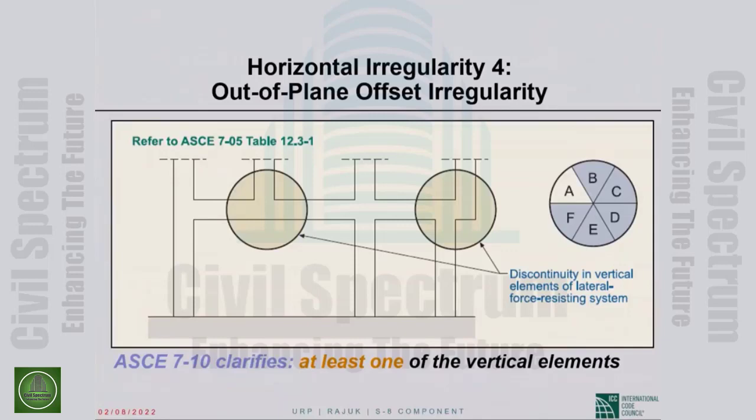Next, type 4 is out of plane offset irregularity. And I think the pictures are quite clear. ASCE 7-10 clarifies that at least one of the vertical elements has offset. So discontinuity in vertical elements of the lateral force resisting system.